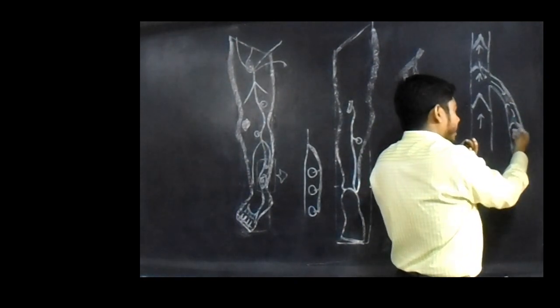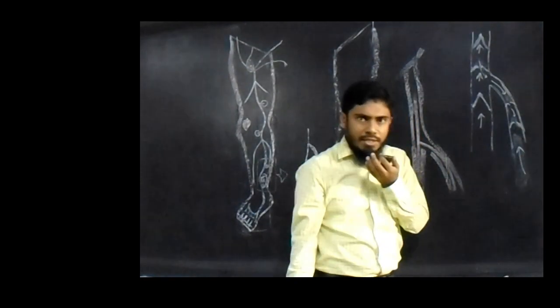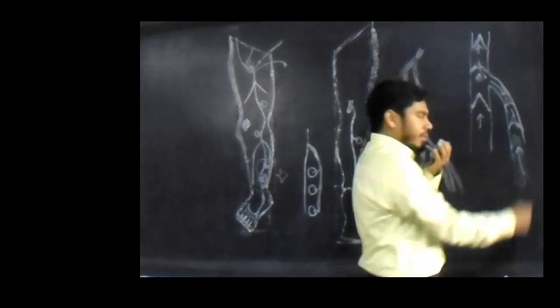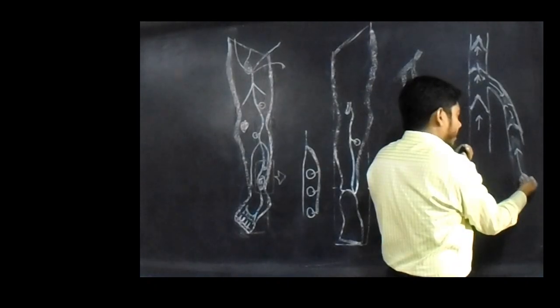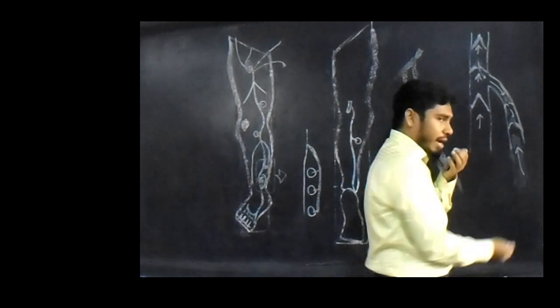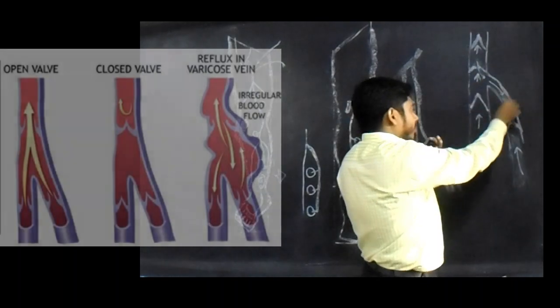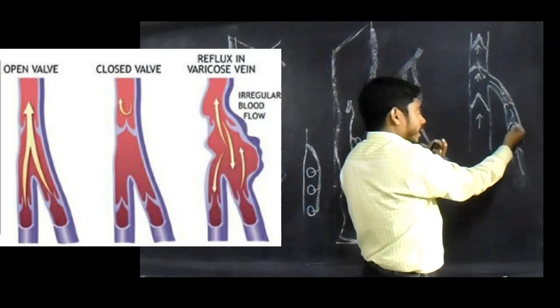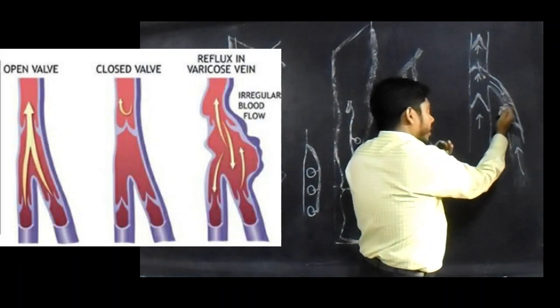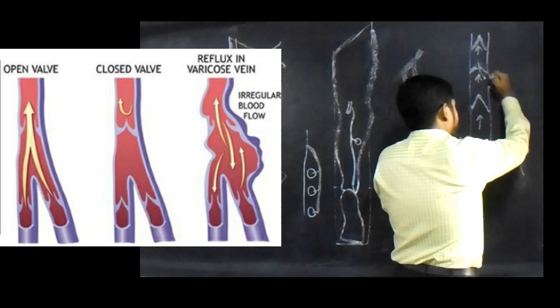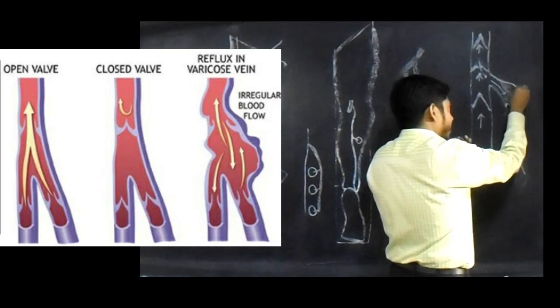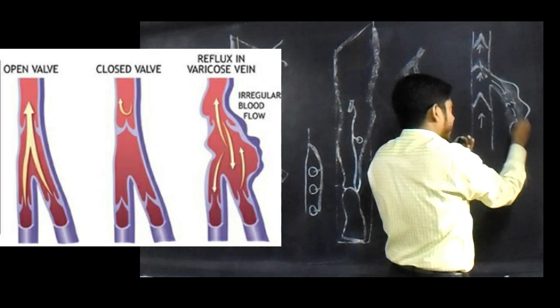So only the blood coming from the capillary is present in the superficial vein. But in incompetence, blood coming from the capillary is present, and blood coming from the backflow due to incompetence of the valve is also accumulating here. So this vein has to enlarge its diameter, isn't it?